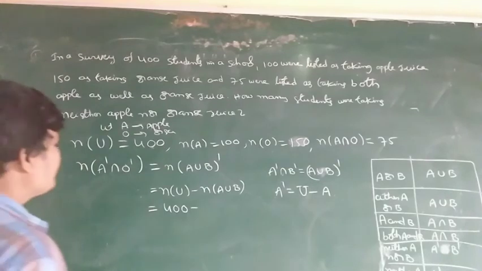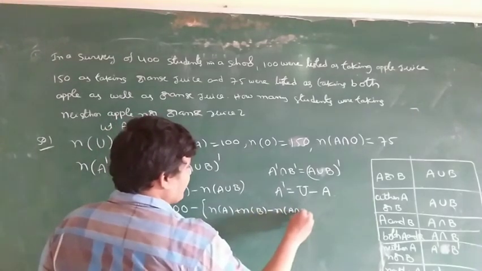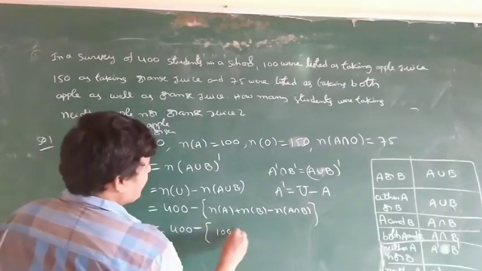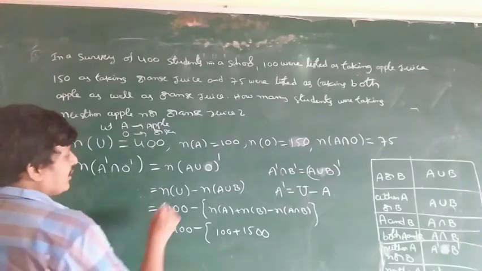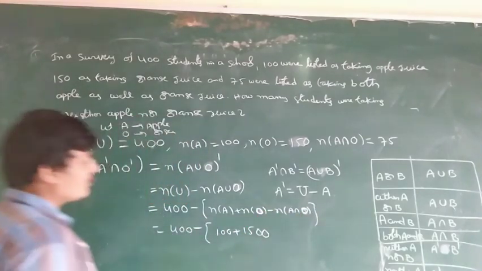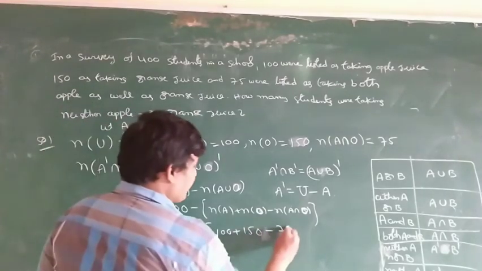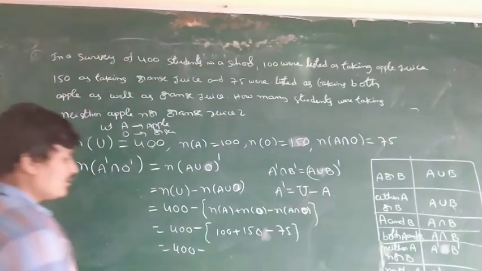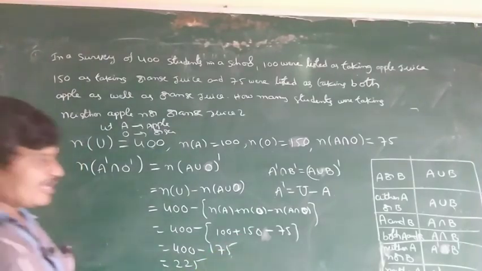So N of A union B is equal to N of A plus N of B minus N of A intersection B. So N of U minus N of A union O: 400 minus, 100 plus 150 minus 75, which is 175. 400 minus 175 equals 225.